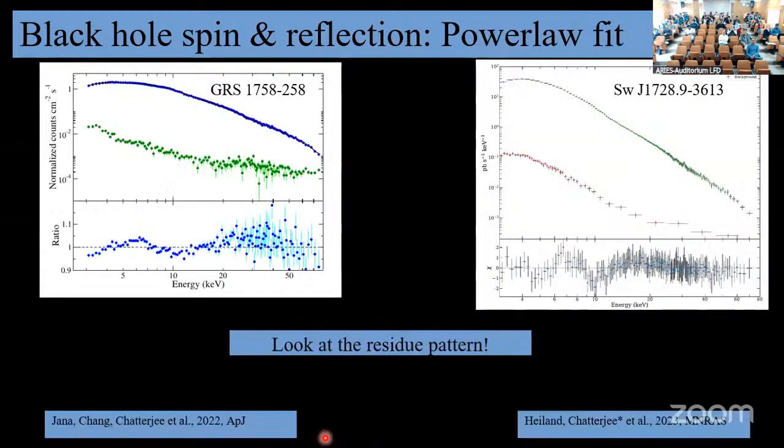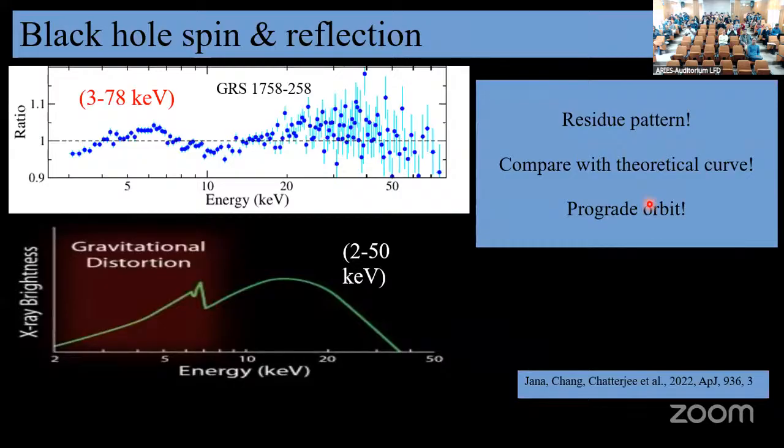So how do you know observationally that your system is a prograde system? You look into the residue pattern. If you look into this particular residue pattern, and here as well, you can find one-to-one correspondence. The theoretical prediction is this particular distortion, and you can see a similar pattern from this X-ray spectrum.